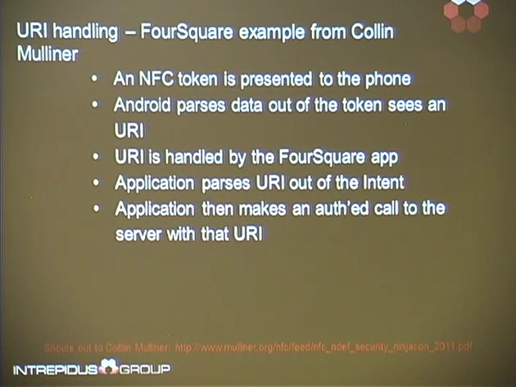The extracted URI was then passed over to the Foursquare app because it was registered as the handler for that URI. And guess what happened? The Foursquare application just goes ahead and makes an authenticated call to the server, completely trusting the data that came from the tag.